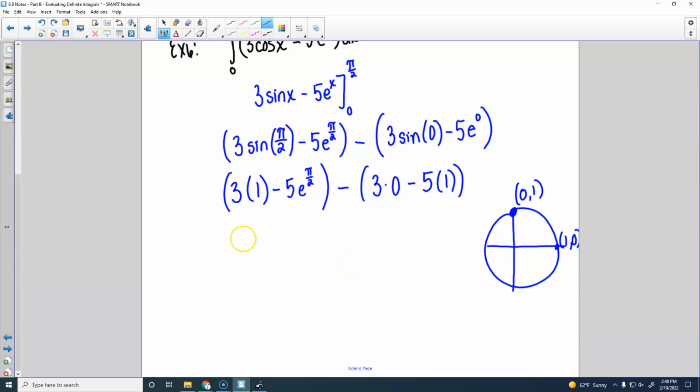So basically, all you have to do is solve the sines, and then leave it like that. Here you're going to get 0, and here you're going to get negative 5, but then you have to distribute that negative, so it's going to be a plus 5. So 8 minus 5 e to the pi over 2.